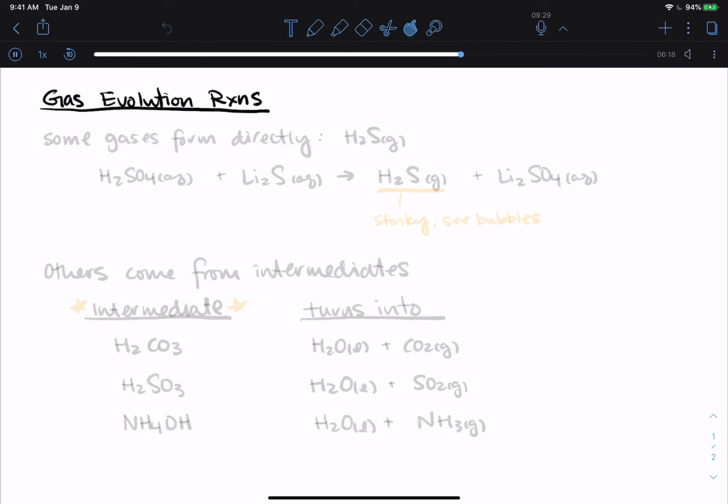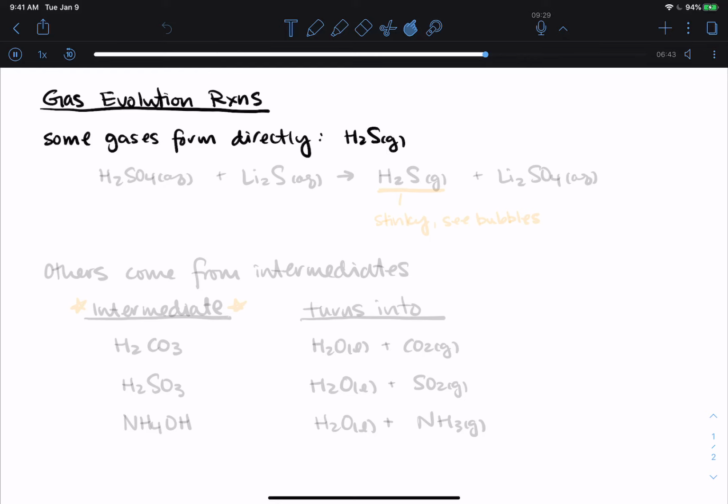We have a few special cases that we're going to address right here. And this is the case where your product ends up being a gas. And so some gases form directly. And an example of this is H2S gas.